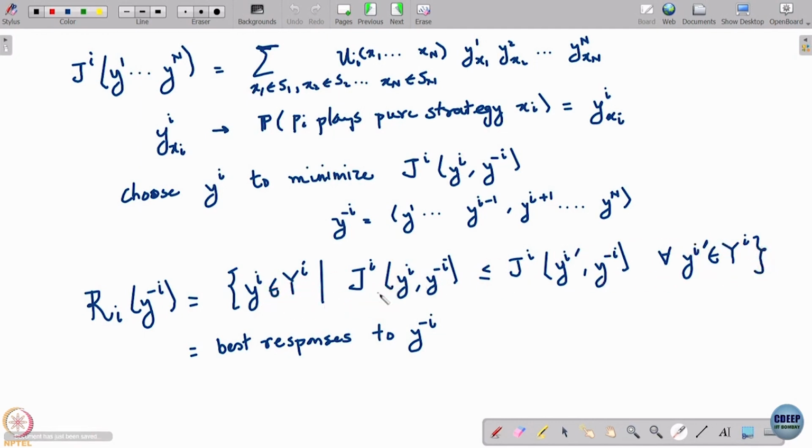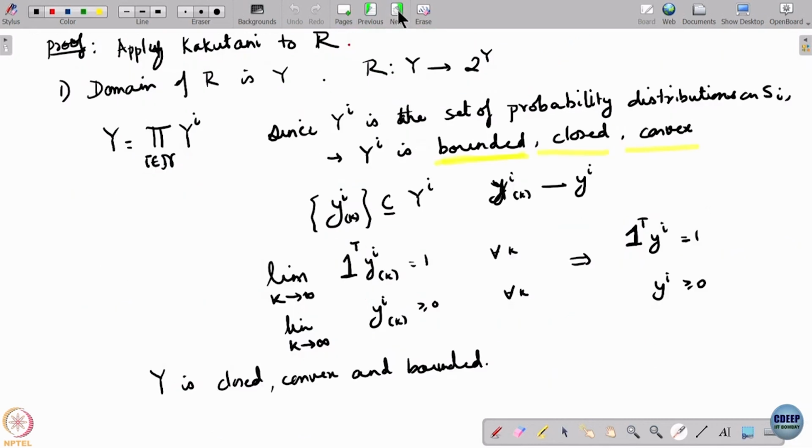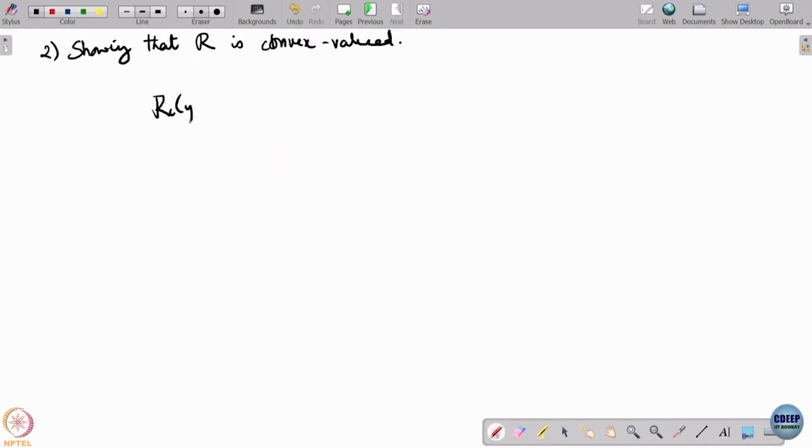The best responses are actually solutions of a linear program. They are the ones that minimize this linear function over all the y. So, let me go back here: Ri of y minus i is simply the solution set of this linear program.